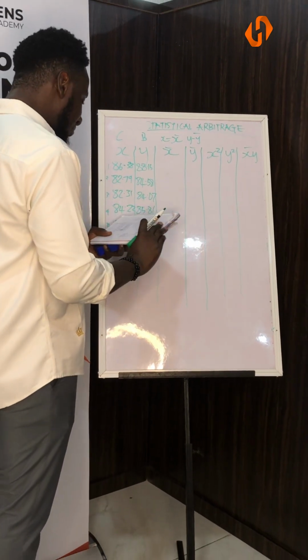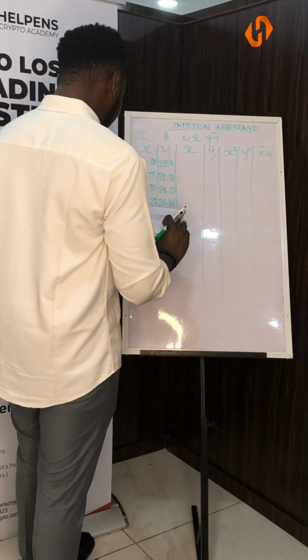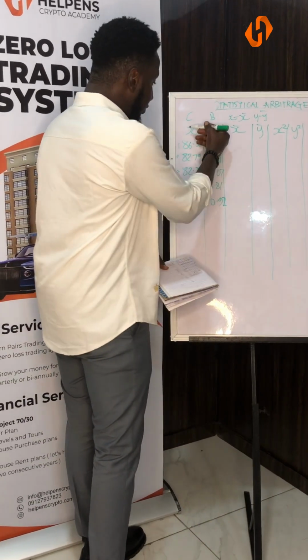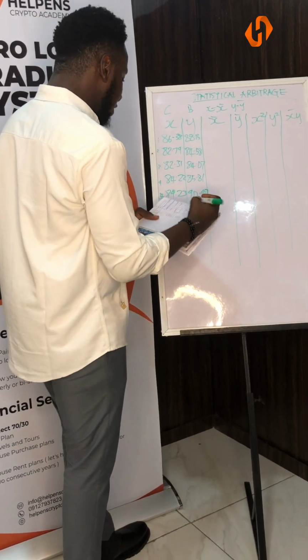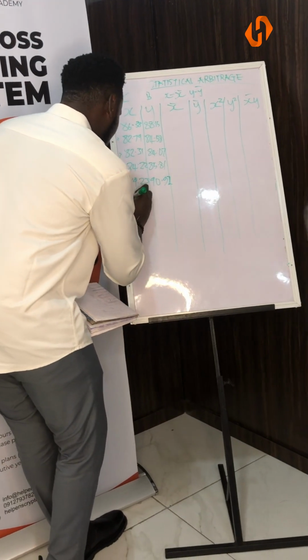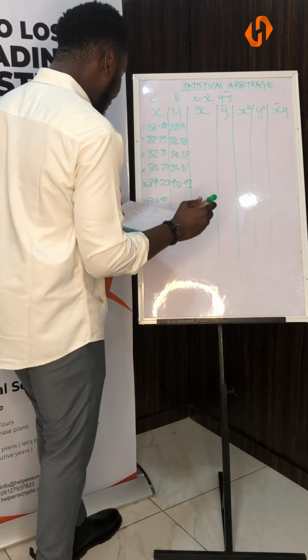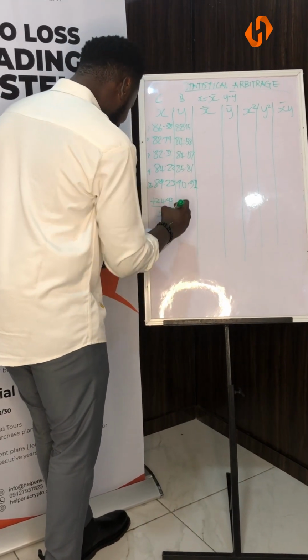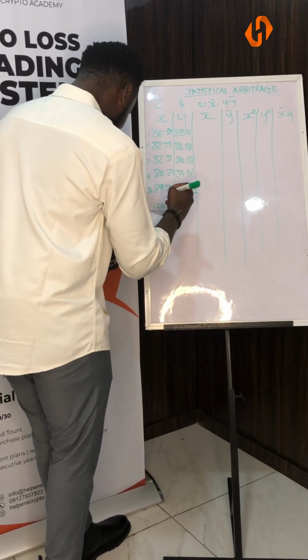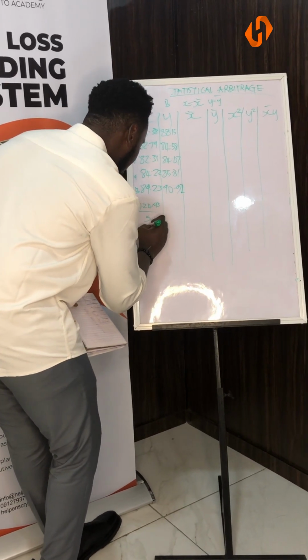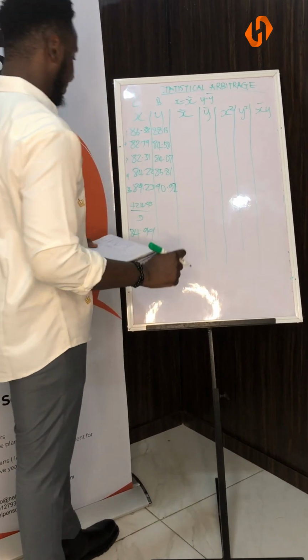In summing them up and dividing by 5, the summation of commodity X gives us 424.93, and you divide by 5. We're getting 84.99. So the mean of X is 84.99, right?